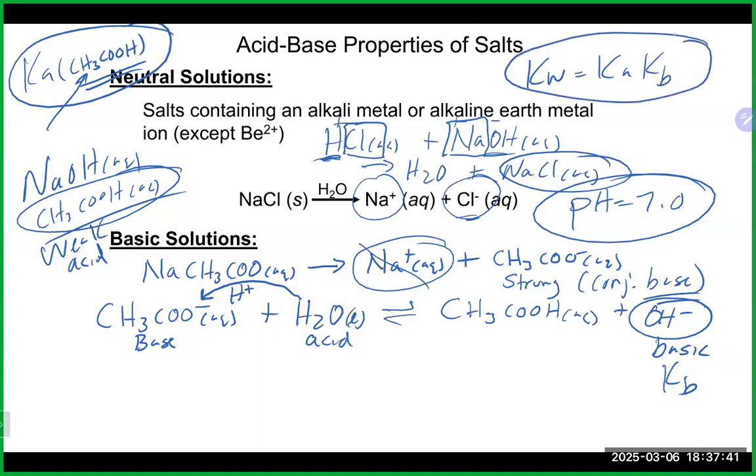That is where we're going to use this a lot of the time, because you will take the Ka value, use that expression, and you will now have the proper Kb value, hopefully, when you go into your ice table. The last thing here is that when I solve for X in my ice table calculation, X will equal the hydroxide concentration, which means I probably need to calculate the pOH first and then go over to the pH.